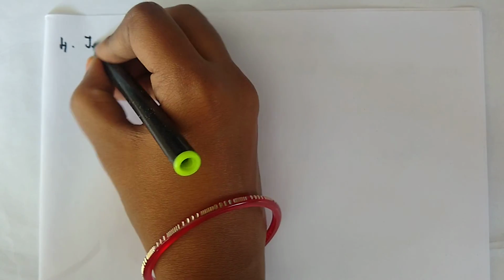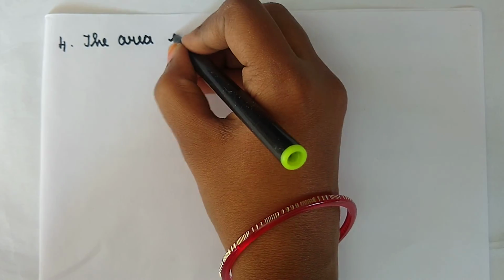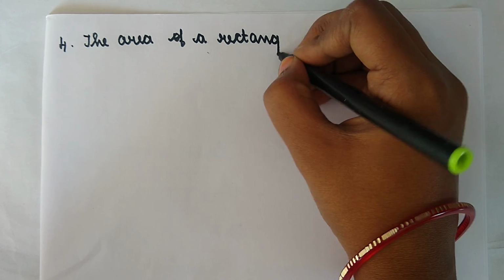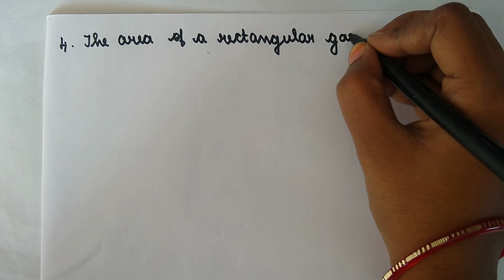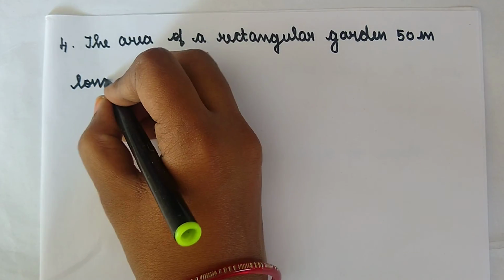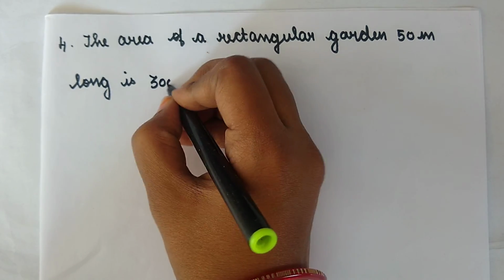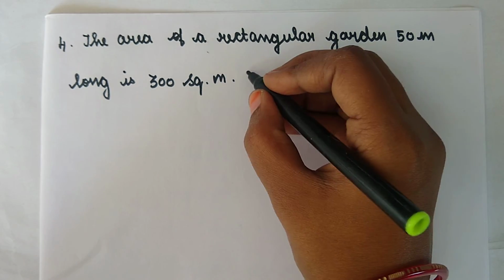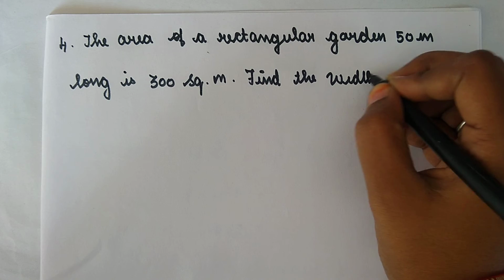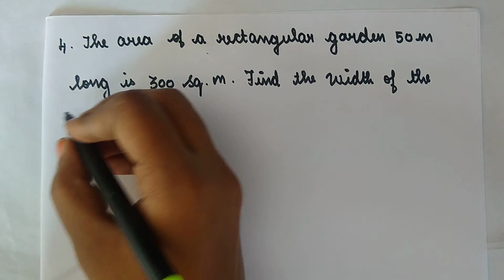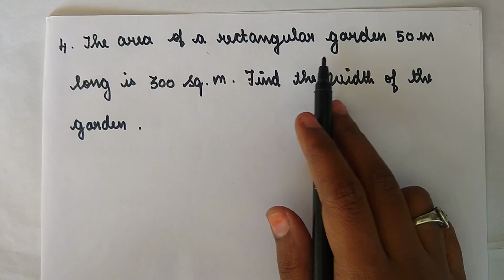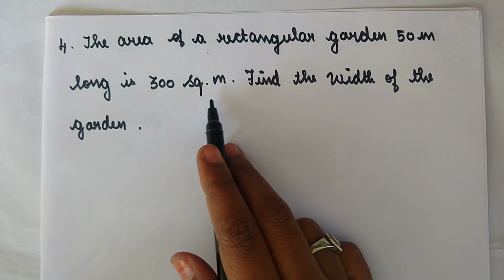The area of a rectangular garden 50 meter long is 300 square meter.